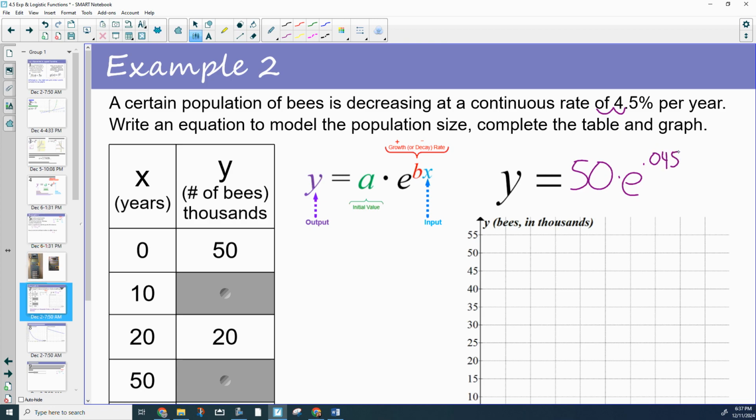And then we'll use whatever number of years that we're trying to calculate. So in this case, it would be times 10. Go ahead and put that in your calculators, and let's see what you get. Oh, we did forget. Remember, this is decay. So when you put that in, that needs to be negative.